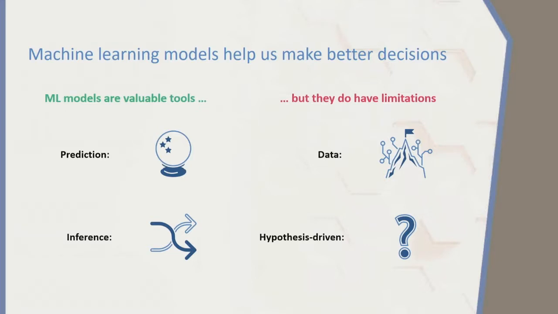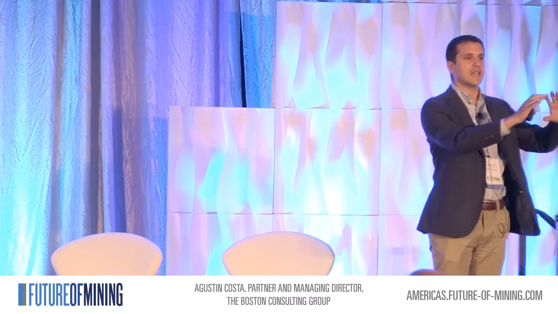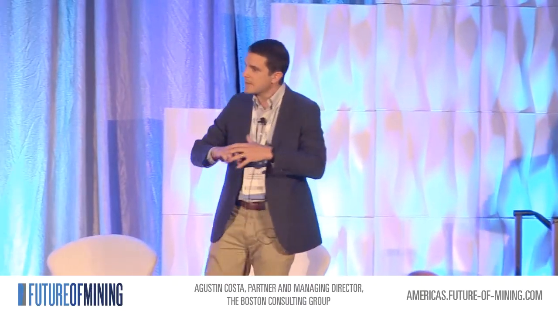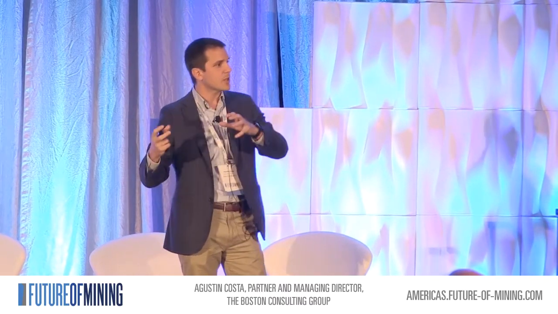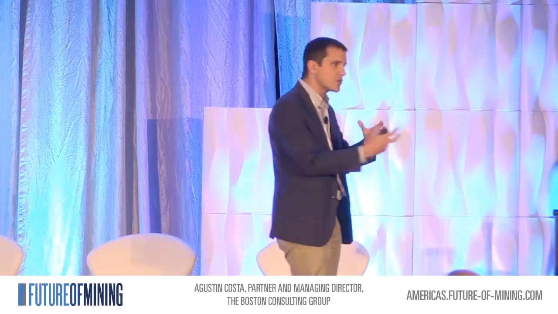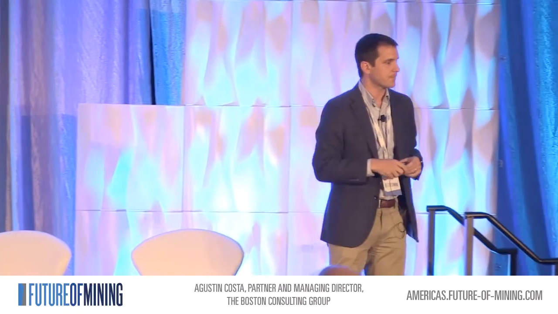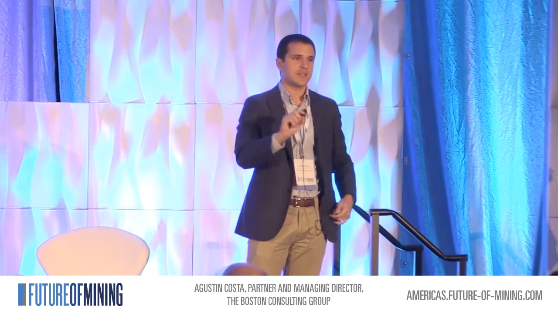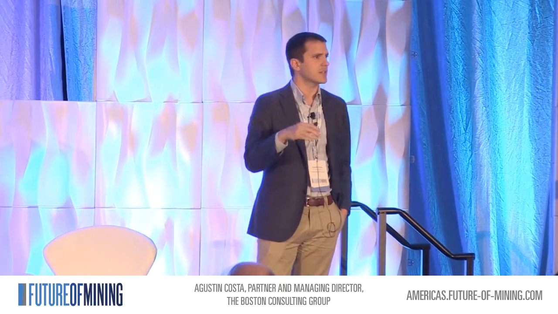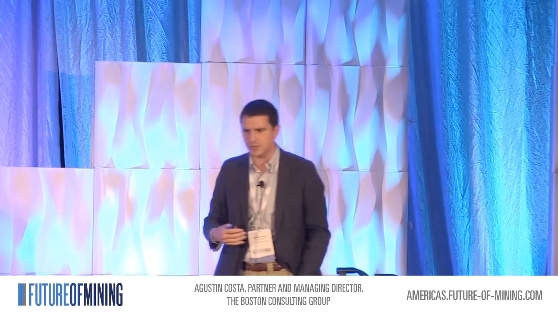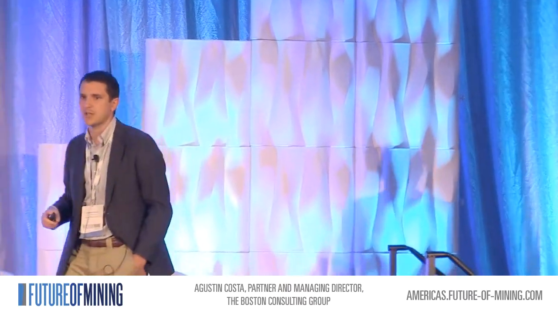So if for some reason you have a new operation or a new phase of the mine that will see a significantly different type of ore, the model that you build with the current information won't be as valid. Many times clients ask us, but my operation is quite unstable, so I won't be able to learn anything from the machine learning model.